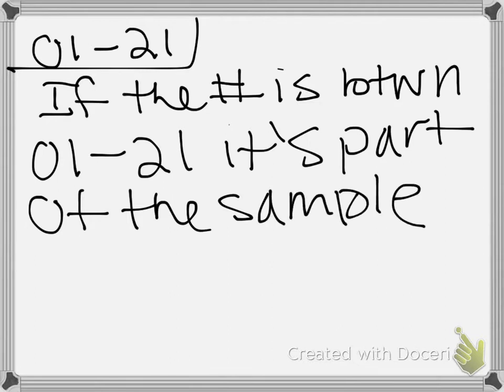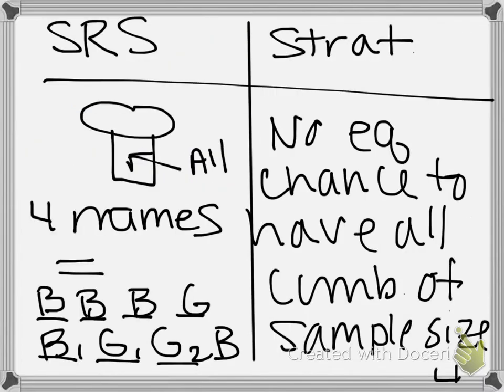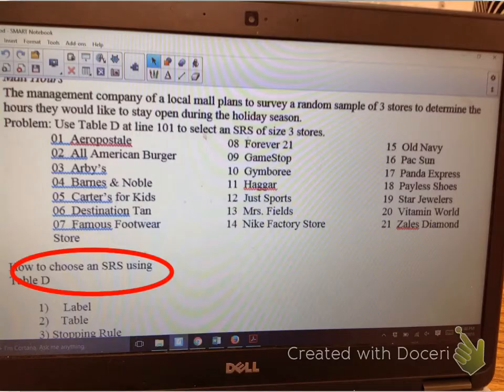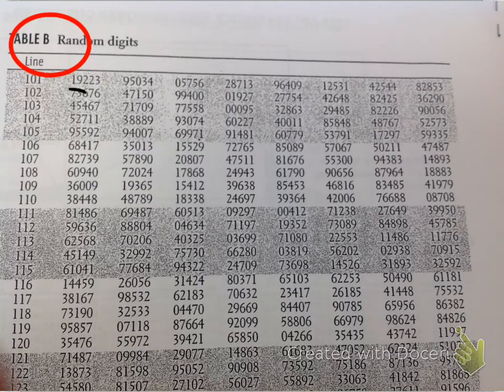So if you look back at the mall example and you look at number 19, that store is Star Jewelers. They would be part of our sample. Now, moving on. See, here's number 19. You go to the next one, 22. 22 is not part of our sample. Then we go to 39, not part of our sample. 50, 34, 05.